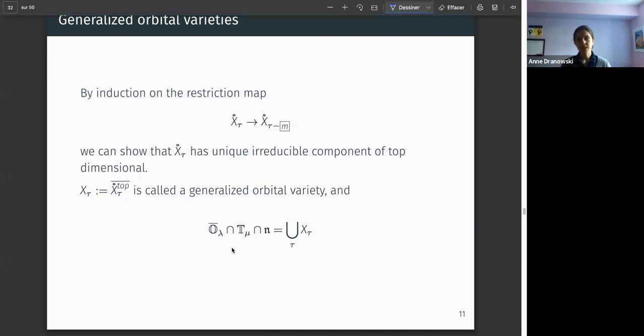So this gives me a piece of the goal, which is the restricted Mirkovic-Vybornov isomorphism, describing results related to it, namely the left-hand side, this half-dimensional 3-way intersection, has irreducible components given by these generalized orbital varieties.